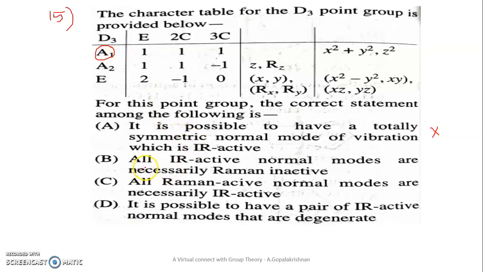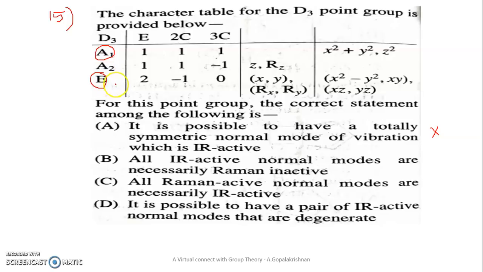See the second statement. All IR active normal modes are necessarily Raman inactive. Listen. It is not necessary that all IR active normal modes should be Raman inactive. Suppose I take E irreducible.